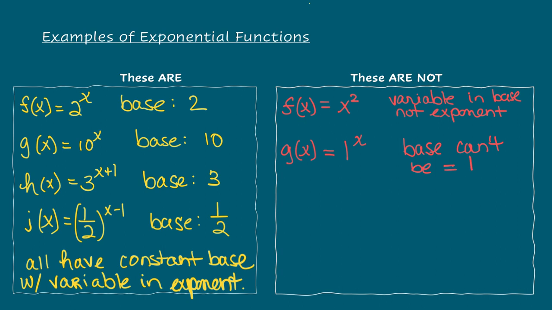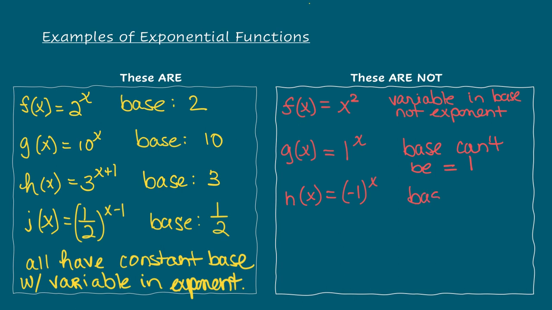I might also see something that looks like this. Another one of the rules of exponential functions is that my base must be a positive number. So this one would not meet that criteria because I have a negative number.